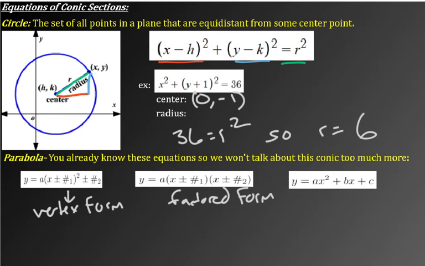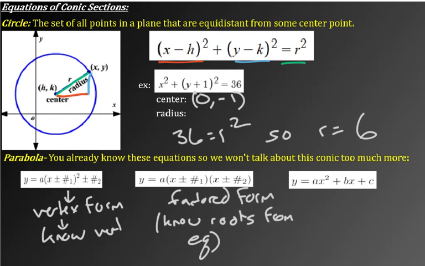And the good thing about factored form is that you know the roots, because if you have something like x plus 1, a root is -1. If you have x minus 3, a root is 3. So here you should basically know the roots from the equation. This one, of course, you know the vertex because it's in vertex form.